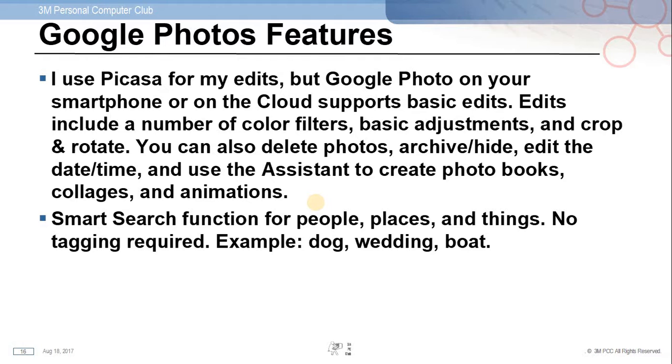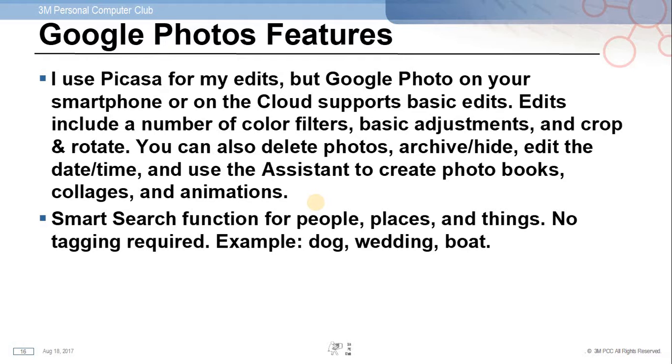A smart search. Once you have your photographs in there, you can search for anything: people, places, and things. In the past you had to put tags on photographs of everything to be able to search in that. Well, tags are still a good idea, but you don't have to tag. This is similar to going out to Google and searching for things.